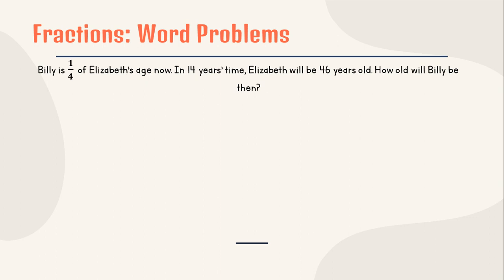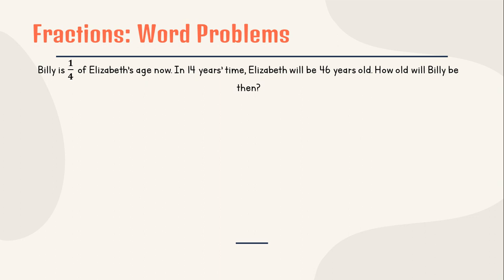To find out that answer, we must find how old Billy is now. How can we find how old Billy is now? By finding out Elizabeth's age. Do you know how old Elizabeth is now?